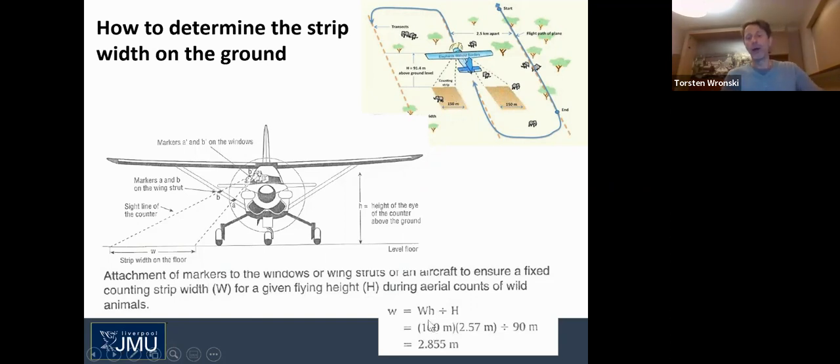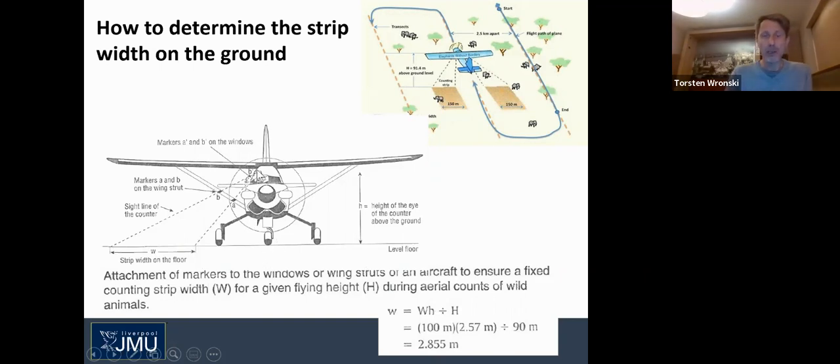And we know now that we want to have a strip width of 100 meters on both sides whilst flying. So using this formula, we will take 100 meters times the eye height of the observer on the ground, 2.57 meters, divided by the flight height, and that comes to 2.85 meters strip width when the plane is still on the ground.